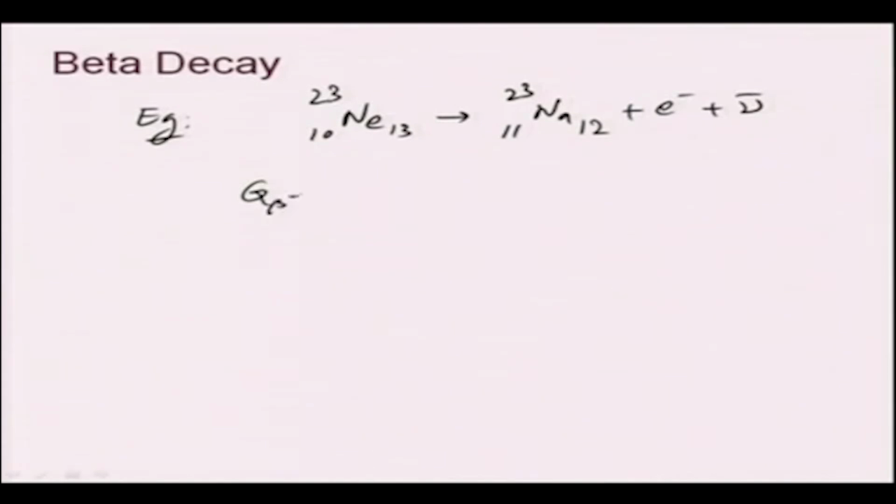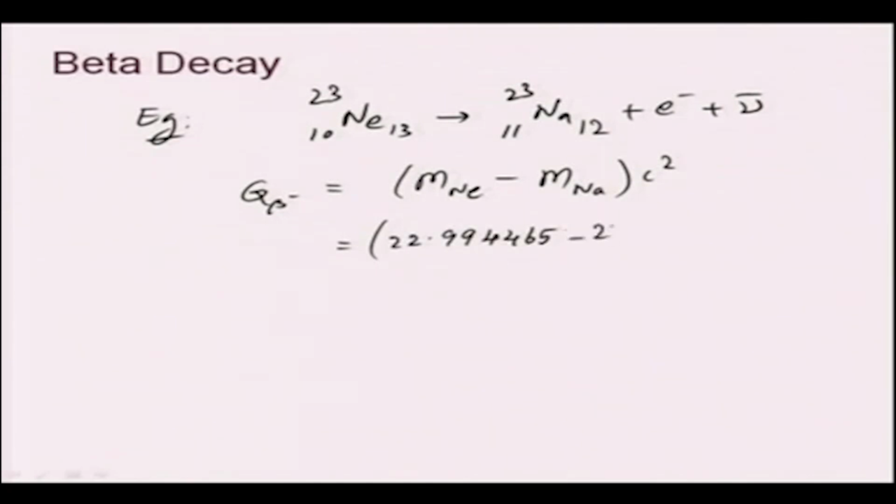And the Q of this reaction is mass of Ne minus mass of Na, of the corresponding isotopes that we are considering. In terms of atomic mass units, these are 22.994465 units and 22.989768 units, atomic units.